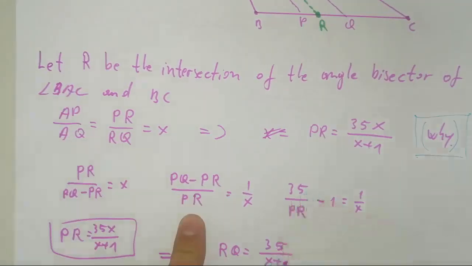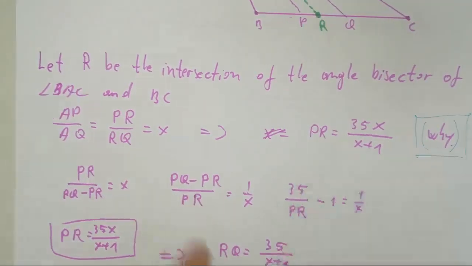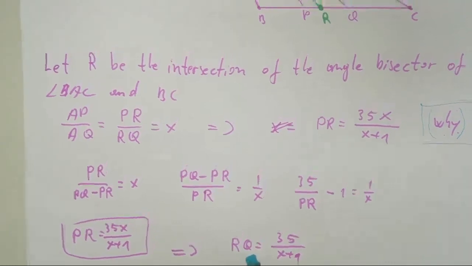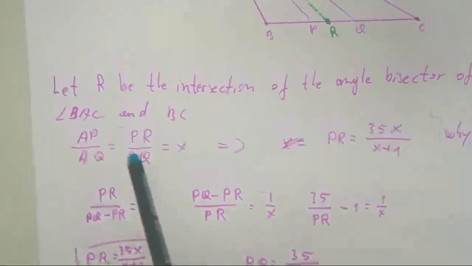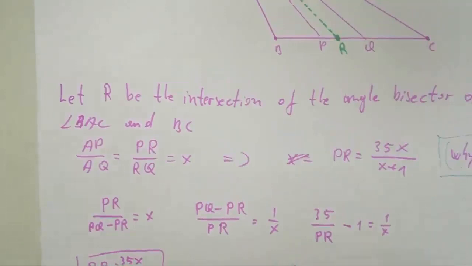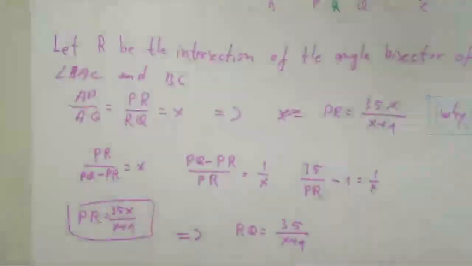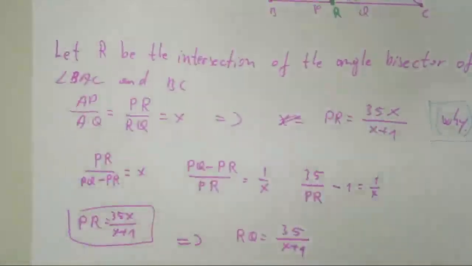I just did some expressions here, and after calculations you end up that PR is 35x over x plus 1. After you find PR, you can find RQ easily. How? Just substitute in this equation here, and you find that RQ is 35 over x plus 1. Is that clear?